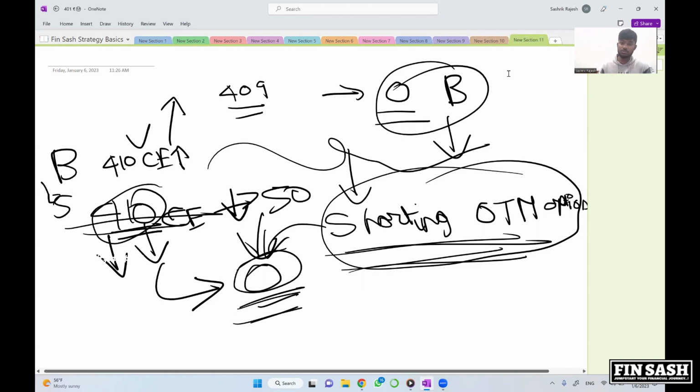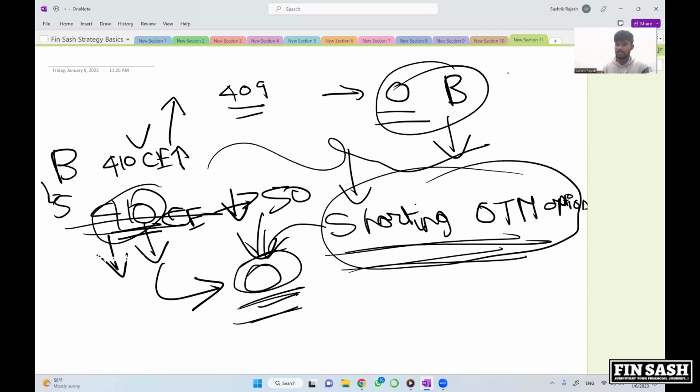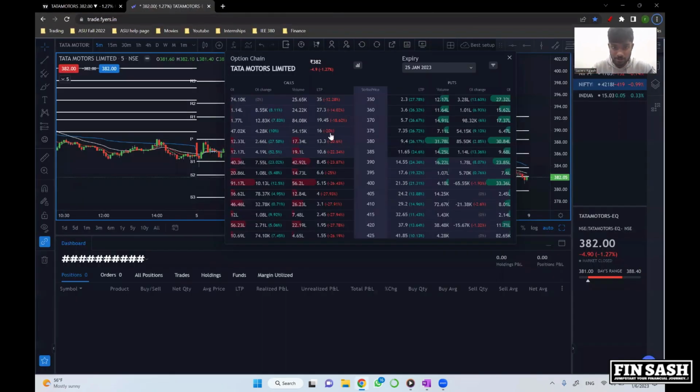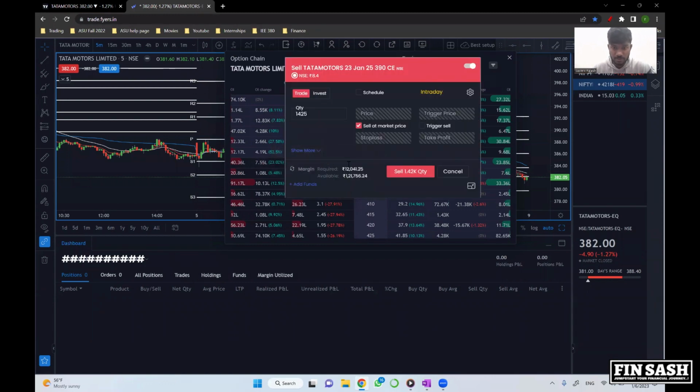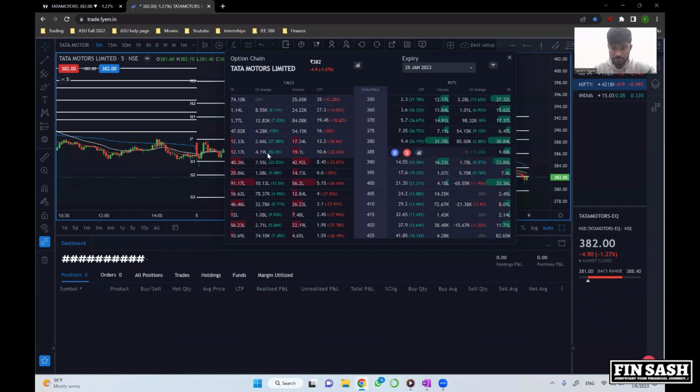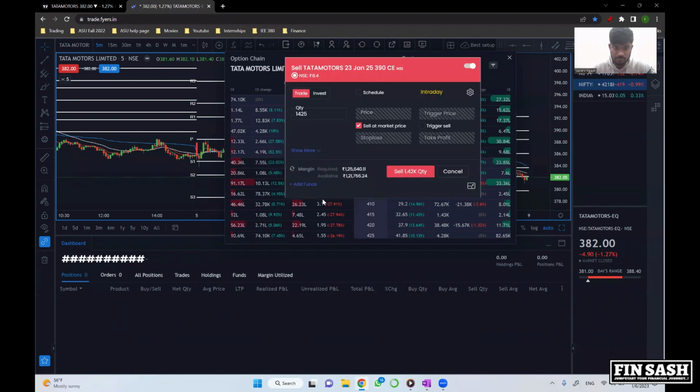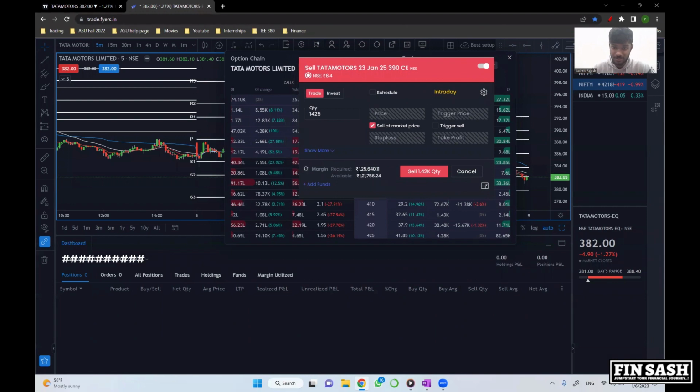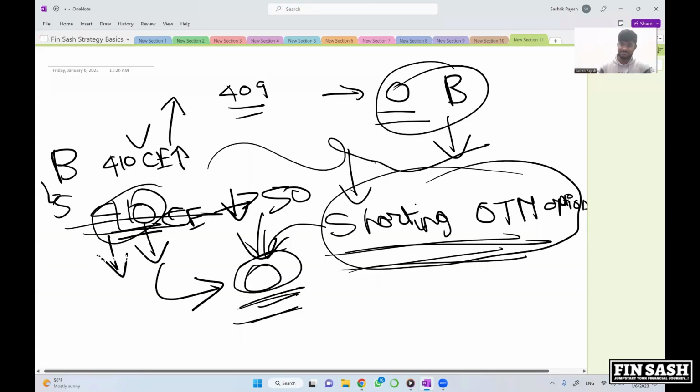I'll just quickly come to this. So we are going to be trading in Bank Nifty. I'll take quick examples for Bank Nifty and then I'll close the video. But if you come here and, for example, short an option, do you see that the required margin is around a lakh?